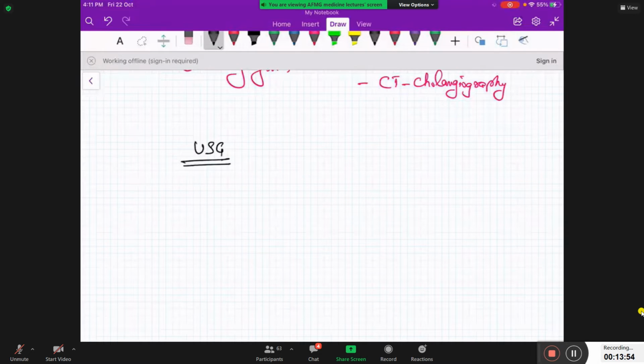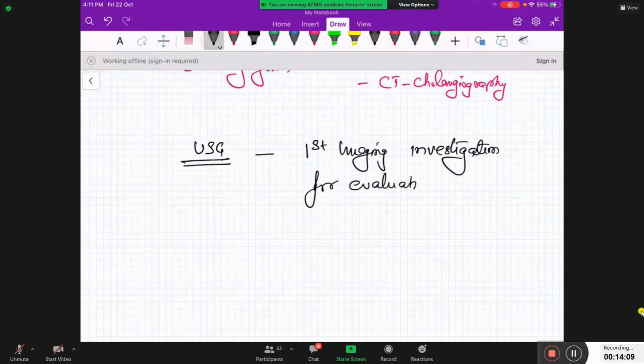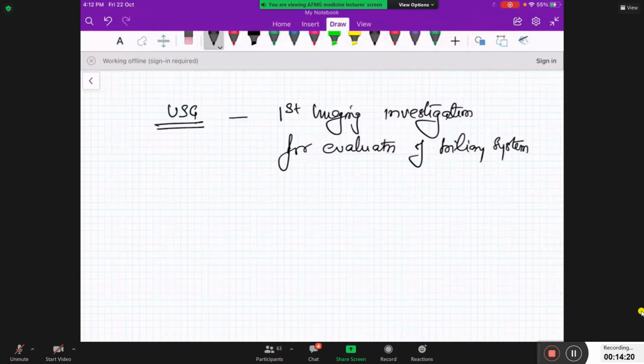Ultrasound is the first imaging investigation for evaluation of the biliary system. Ultrasound is the investigation of choice for cholelithiasis.